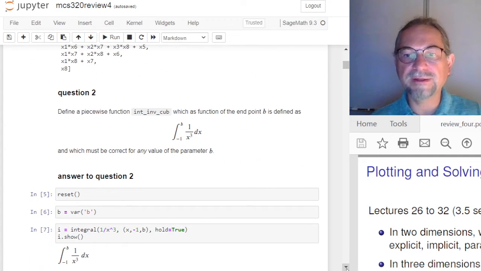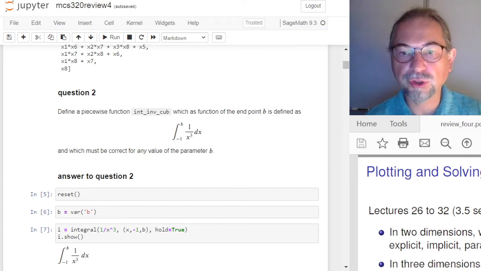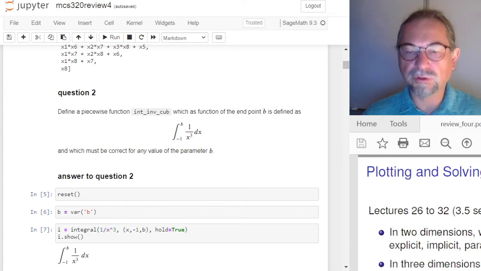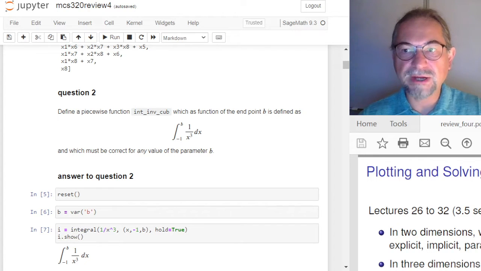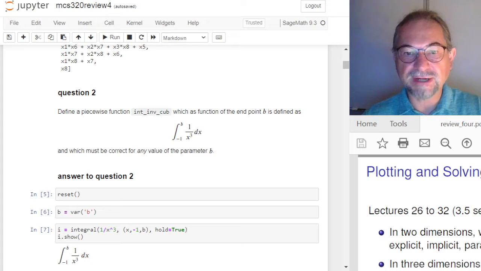So I define the integral, and you can do this the straightforward way, but here I did it a little bit more subtle. We saw that we could prevent the evaluation. So this is useful for the numerical integration, but also very useful if you just want to check whether the problem is defined correctly.